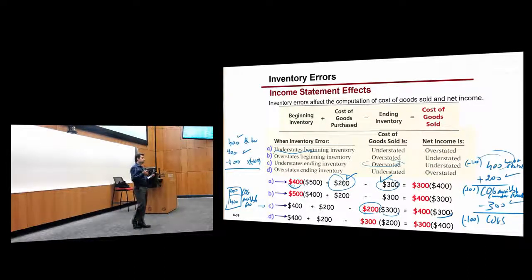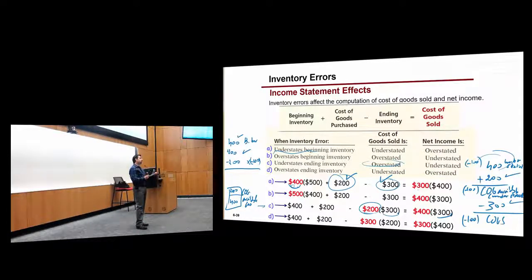You use the opposite term. Ending inventory and cost of goods sold are on opposite sides, so if one of them increases, the second one will decrease. If one of them is understated, the second will be overstated, because the sum of the two amounts will be the same.